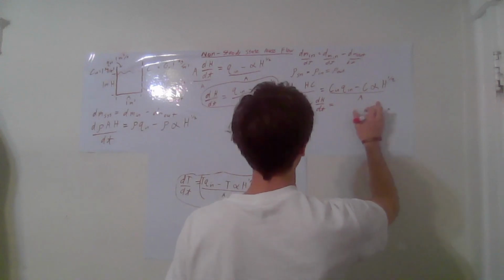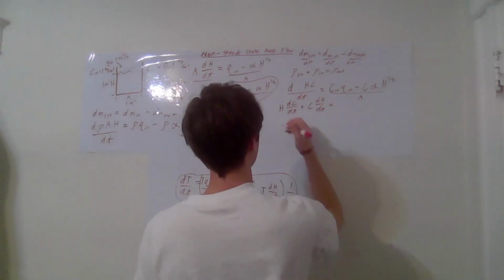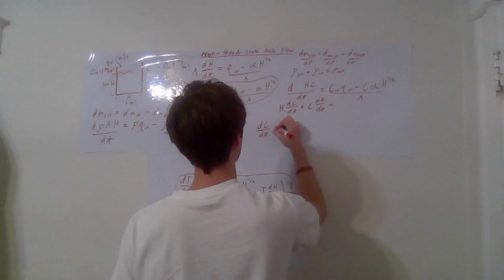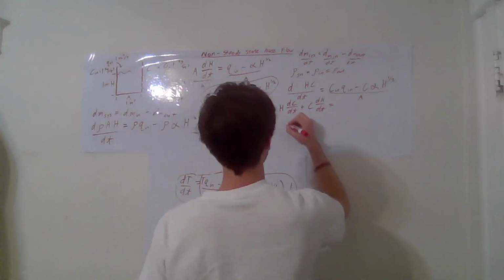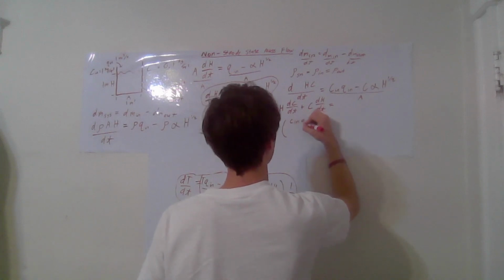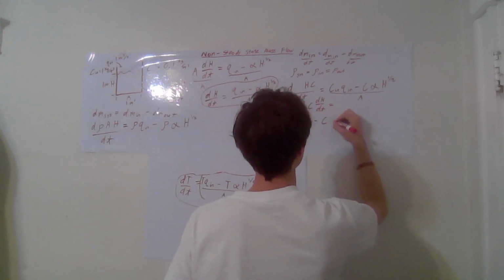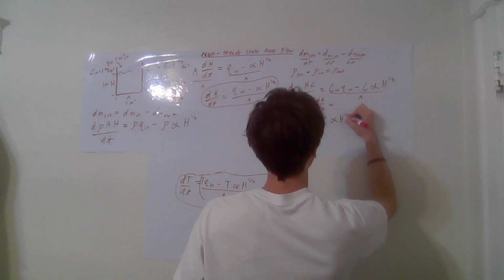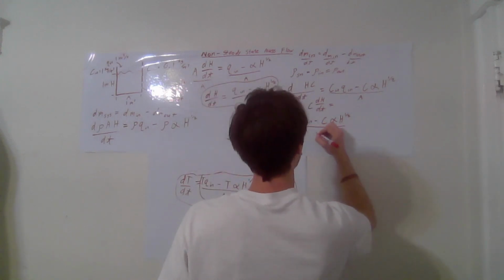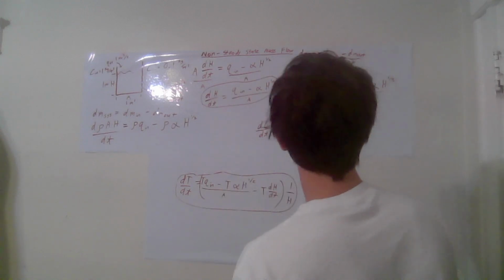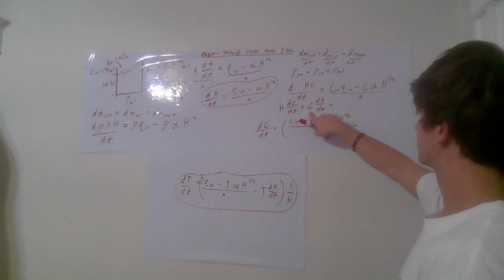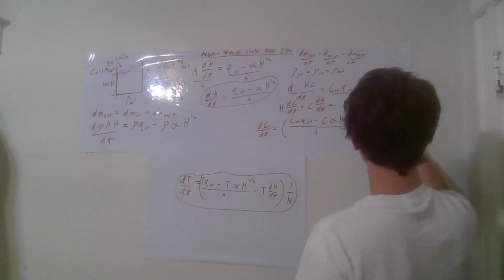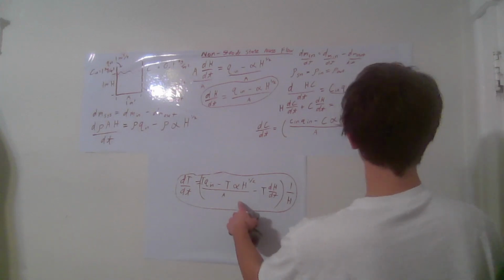And that's going to end up giving us our change in concentration over change in time is going to be equal to, same thing as down here, our concentration in times our flow rate in minus our initial concentration, times that alpha, times the height to the 1/2, all over A, minus our concentration times our dH over dt, concentration, change in height over change in time, just like we did down here.